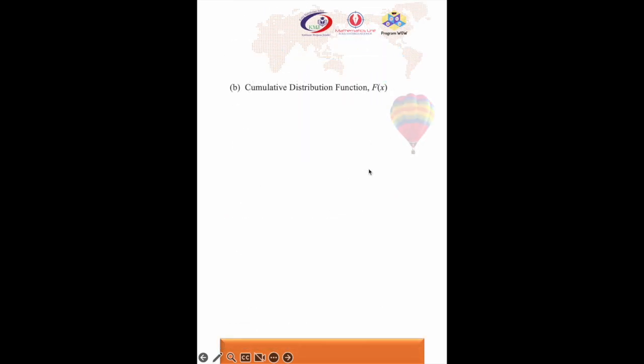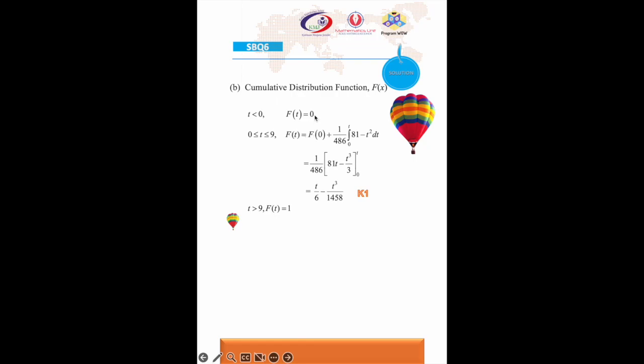You're going to get F of 0, so F from before, which is 0, plus the function from 0 to t. From negative infinity to 0, the function is 0. From 0 to t, the function is the previous function, and then you have to integrate like usual, but from 0 to t.